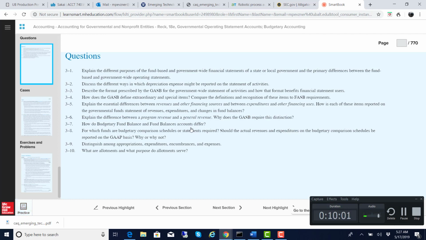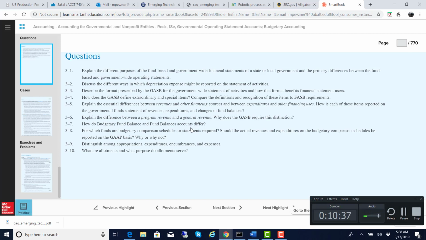So revenues are defined very similarly to traditional revenues. These are increases in assets. But the key distinction for the government, for fund-based revenues, is that they have to be available to the government either during the financial statement period or shortly thereafter.